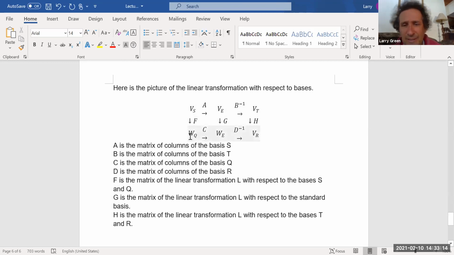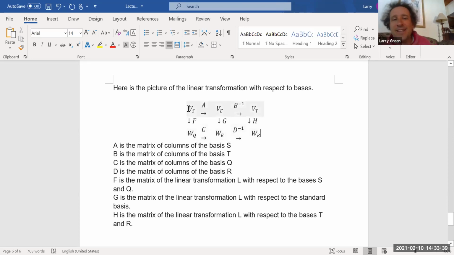Okay, so if we wanted to go from the vector space V, and we're given the basis S, and we want to end up with the vector space, oh, sorry, that should be W. You should have asked. Vector space W with the basis R, then we have lots of choices.